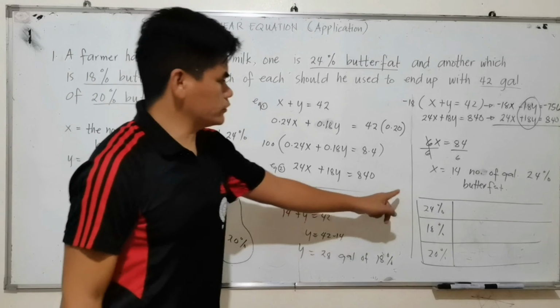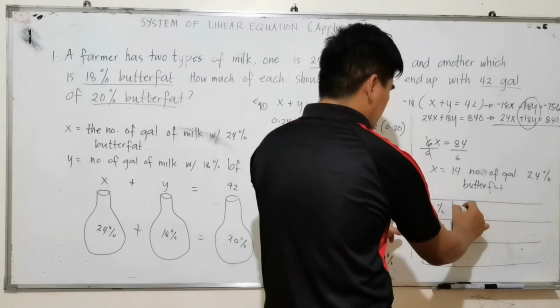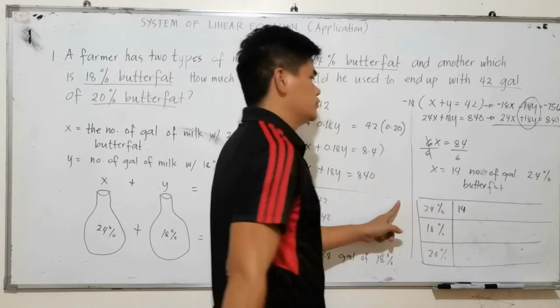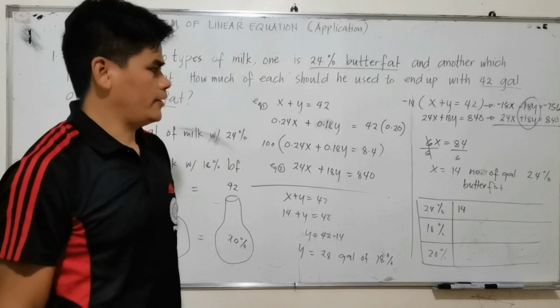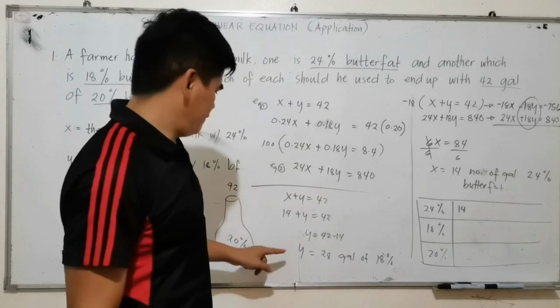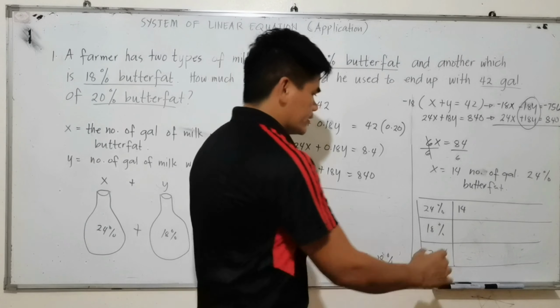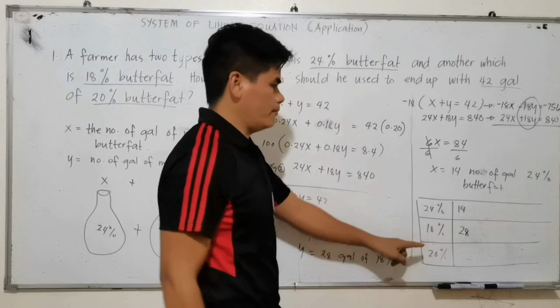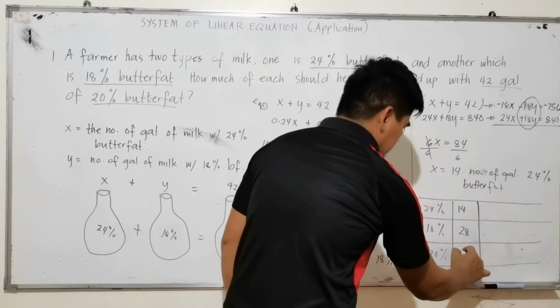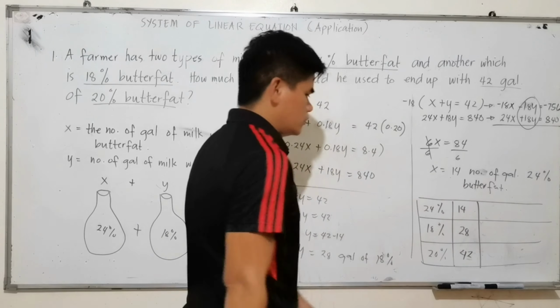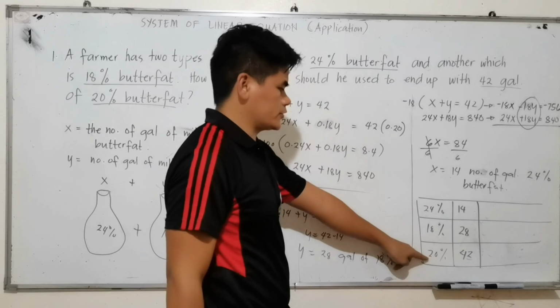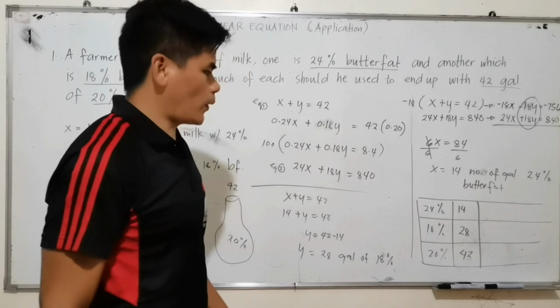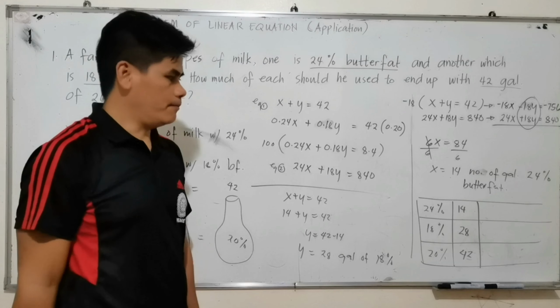Based on the result, we have 14 gallons of 24% butter fat, and we have 28 gallons of 18% butter fat. All in all, there are 42 gallons of 20% butter fat.